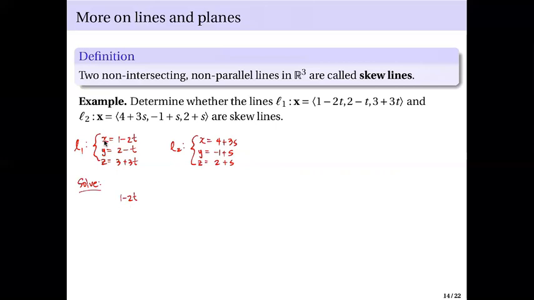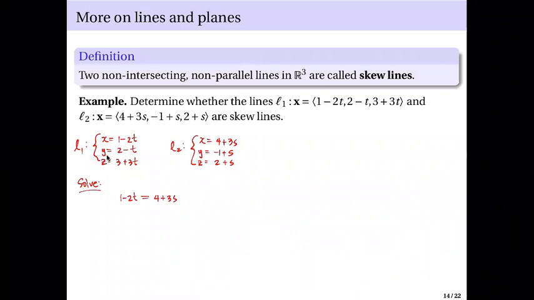And we may want or may not want that to be equal to the x for L2, but anyway, we just equate them. The x in here equals the x in here. So 1 minus 2t equals 4 plus 3s.